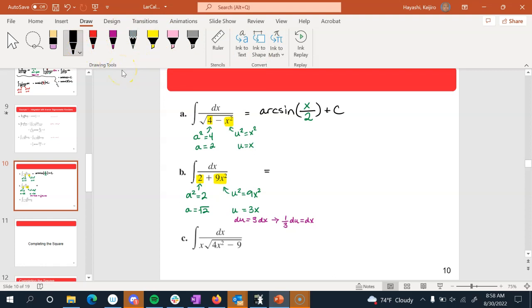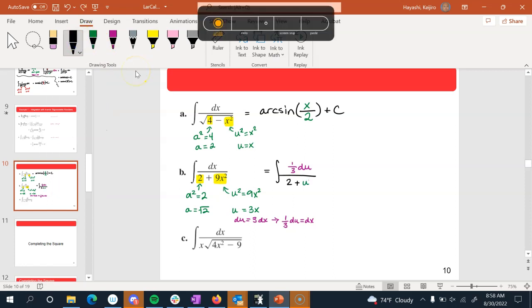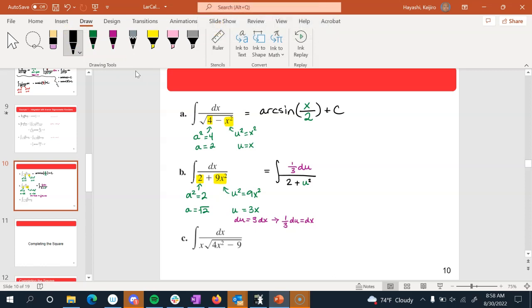Okay, so because this u substitution is going to be necessary, I'm just going to rewrite this for a step. And so it turns out that 1/3, we don't really need that in here.